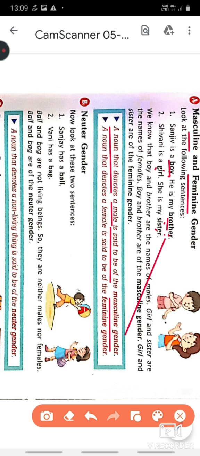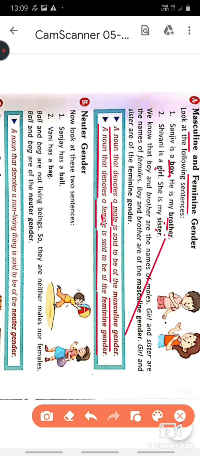Next, a noun that denotes a female is said to be the feminine gender. Feminine stands for all the women, or you can say all the females. So a word or a noun which stands for a female will be in the category of feminine gender.